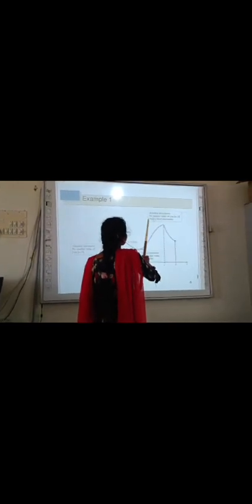Local minimum: no smaller value of f near b. Absolute maximum: no greater value of f on [a, b], also a local maximum.